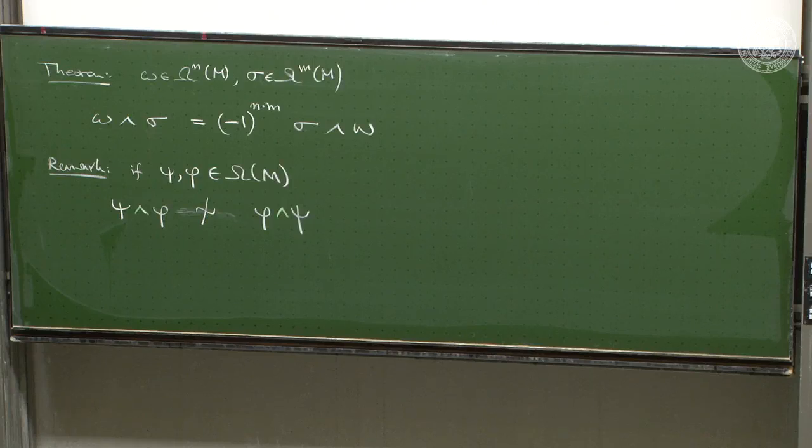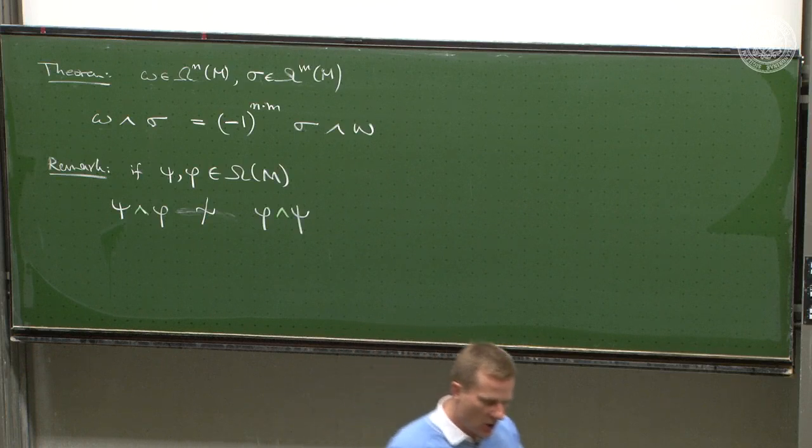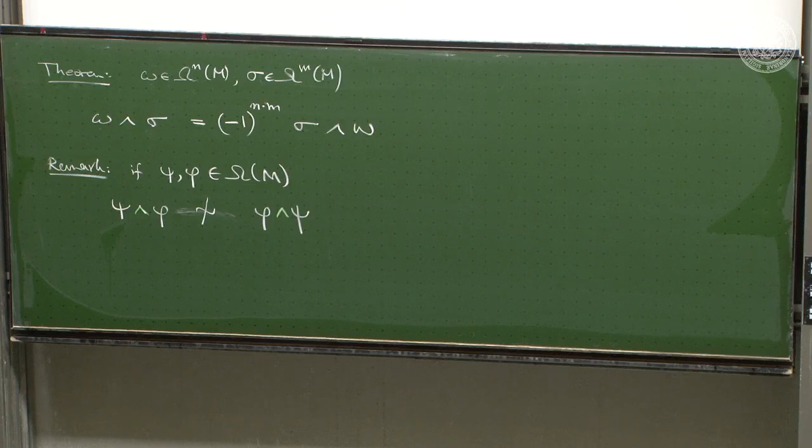Now the question is, what about differentiation? We had differentiation of functions in terms of the gradient, and we had differentiation of maps in terms of the push forward, the differential of the map. The question is, what is the derivative of forms?